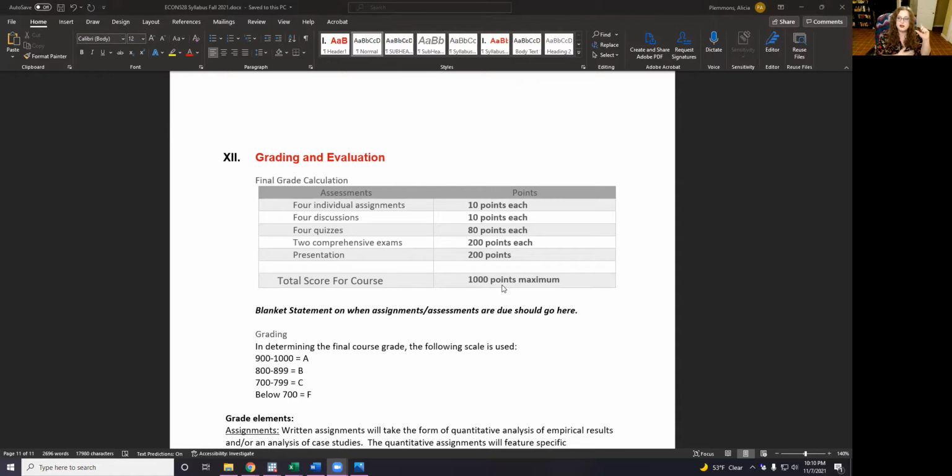And then the weighted grade column, the column that gives you a percentage grade, weights it based upon this criteria, where it thinks about it out of 1,000 points. It gives 40 to your individual assignments in total, 40 discussion posts in total, 320 to quizzes. Then we have 2 comprehensive exams and a presentation. So that's what it does on the back end when it's combining things.